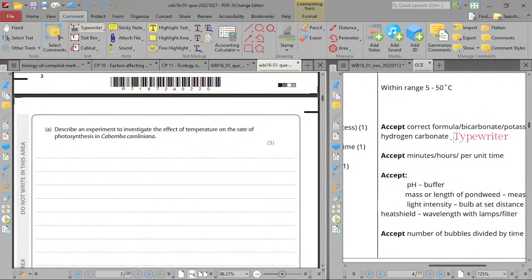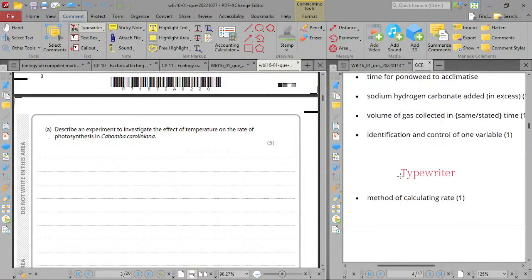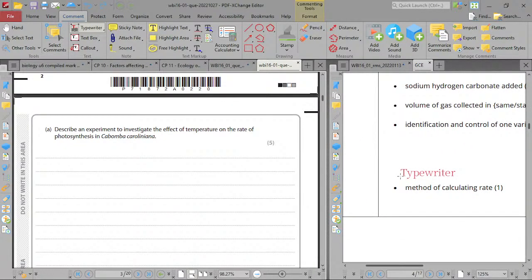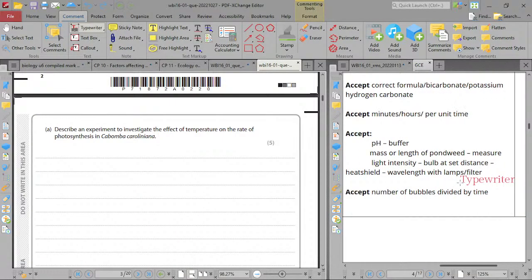Identification control of one variable, so we will control light intensity by keeping them at a set distance, or using a wavelength using the lamps or filters. The pH is always buffer, that's always the easiest one. Method calculating rate, which is volume divided by time.